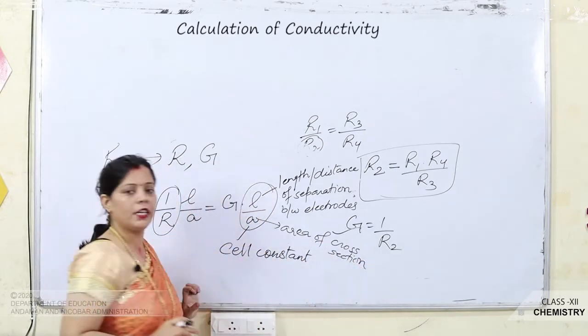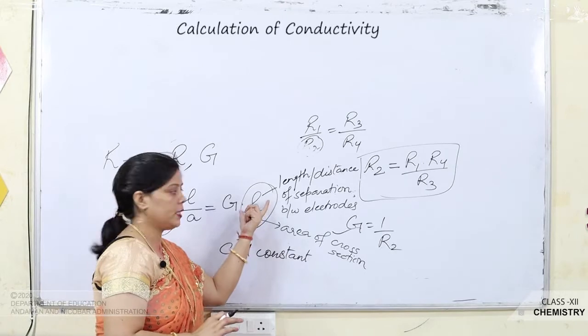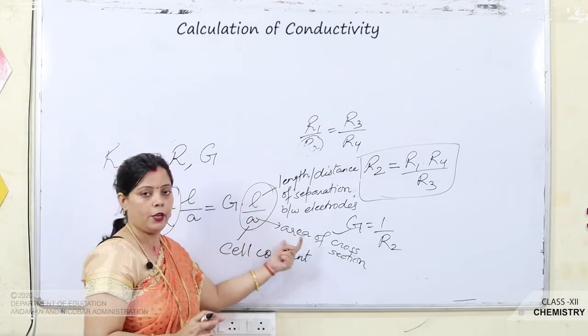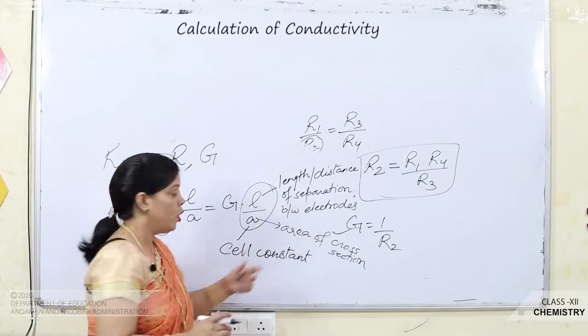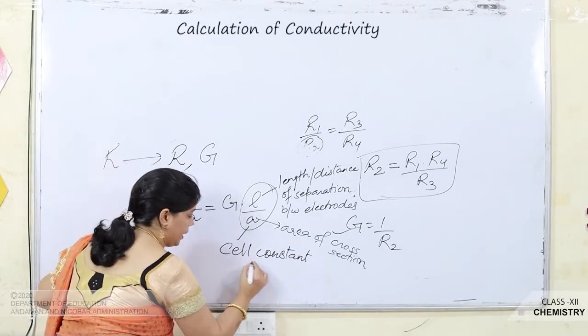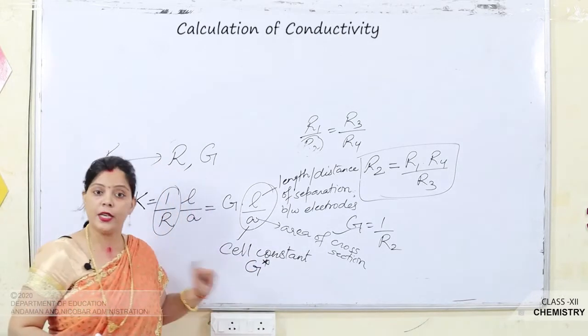So for a particular conductivity cell, this value is a constant. This term L by A is named the cell constant, and it is represented by the symbol G star.